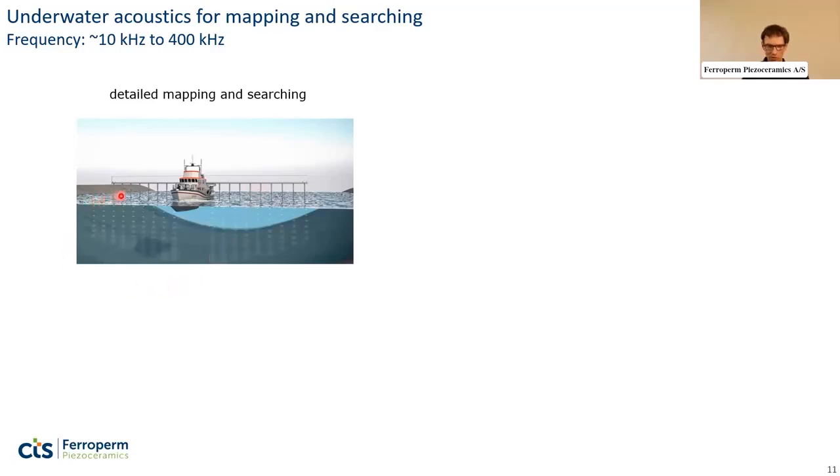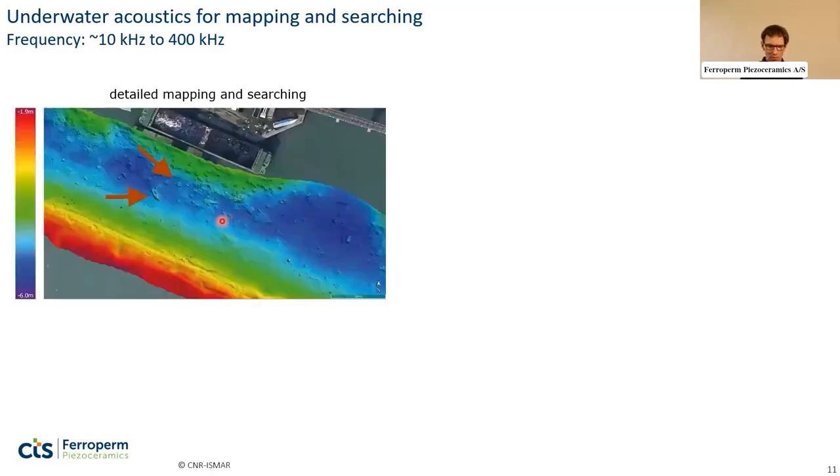So here you see a number of transducers that are mounted on a boom like this, and with such a measurement you can actually have quite a detailed mapping of what is down there. You see in this case it's down to 6 meters, and this example is actually from Venice, where you can even see some small boat or barge down at the bottom at around 6 meters of depth.